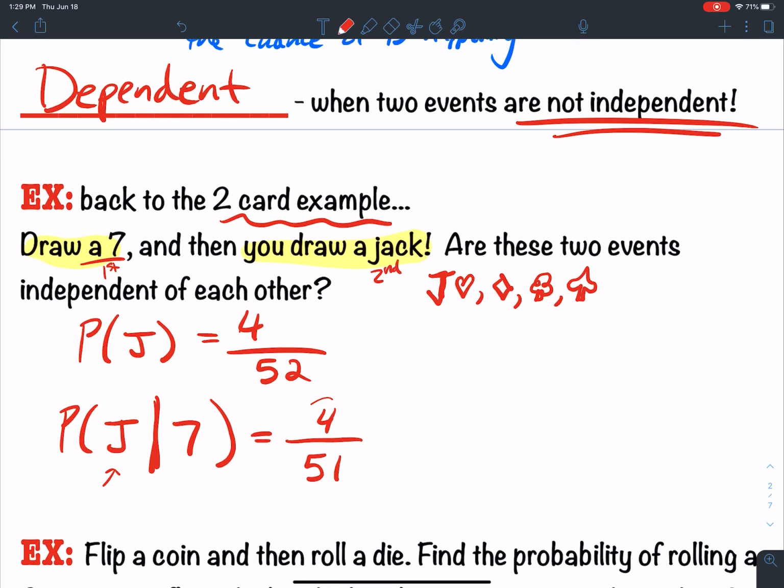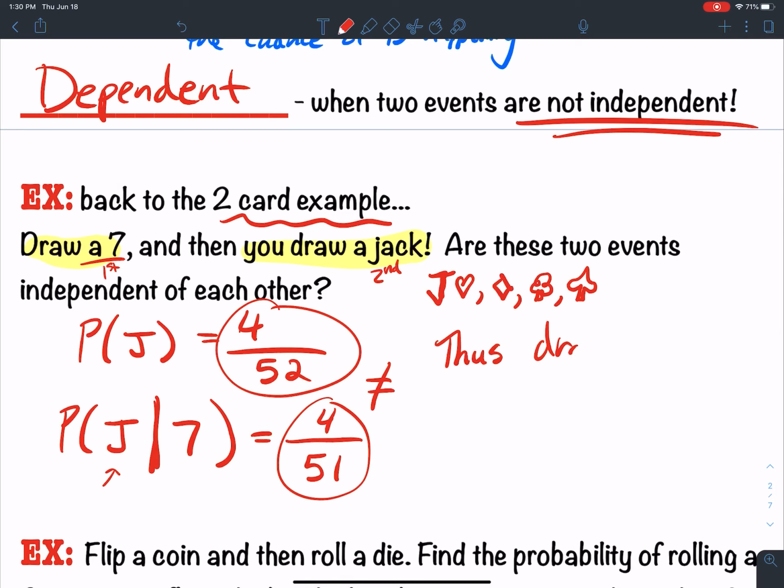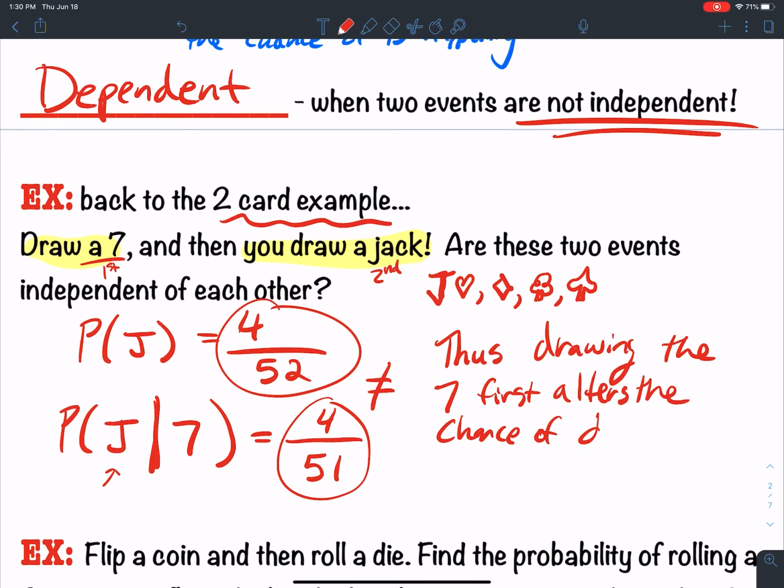But guess what? This probability and this probability are not equal to each other. Therefore, these are dependent events. Thus, drawing the 7 first alters the chance of drawing the jack.